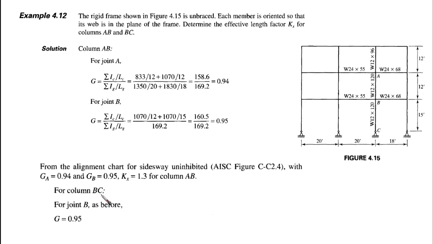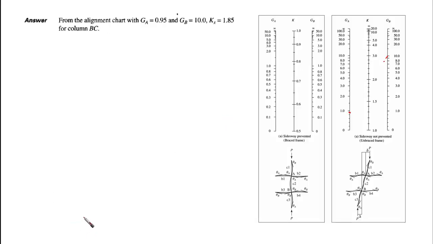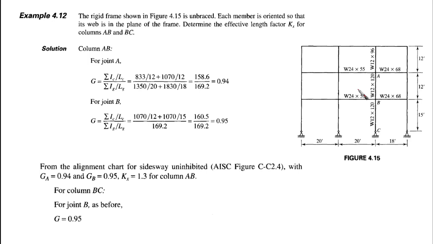For column BC, for joint B as before, it is going to be 0.95 because we have calculated this. And for point C it is supposedly to be 10. So GC is 10.